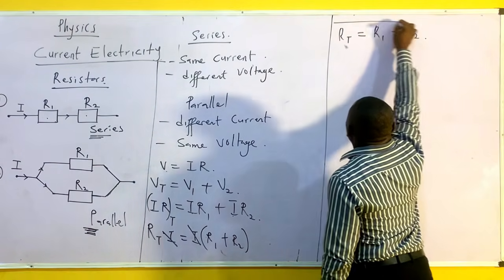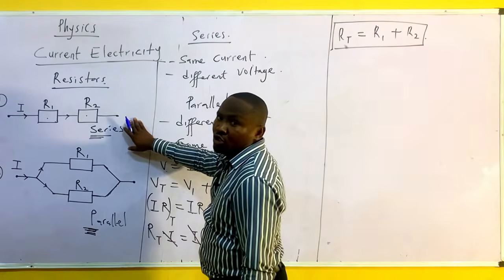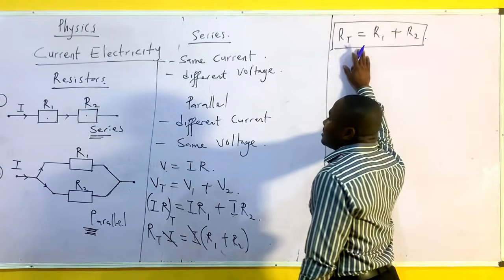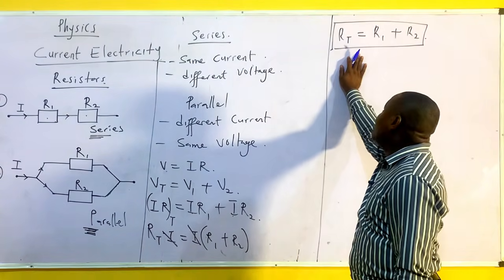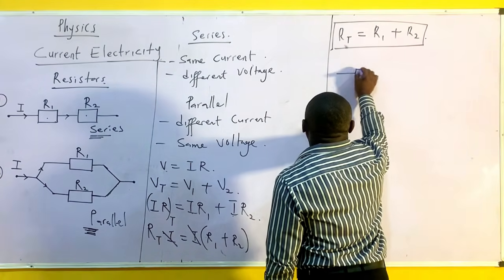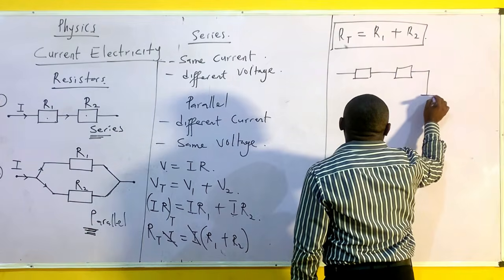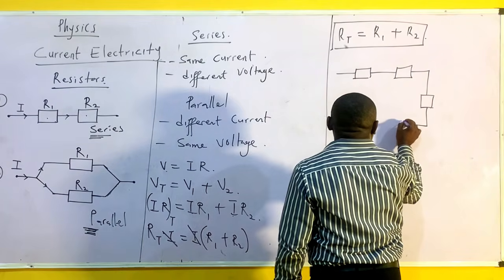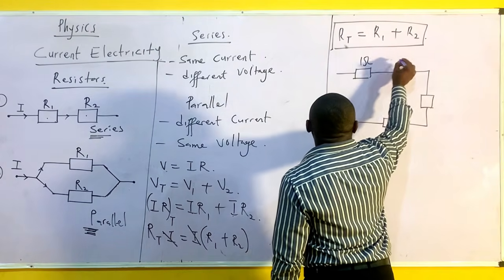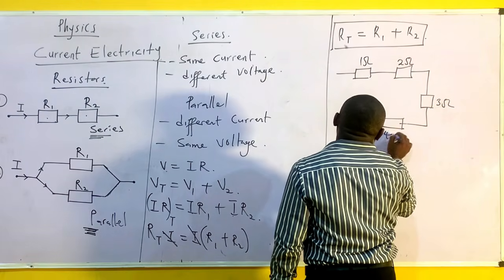So anytime we have resistors connected in series, the effective resistance or the total resistance is calculated by R1 plus R2. So for instance, I have a circuit like this with resistors connected like this, and this is 1 ohm, this is 2 ohms, this is 3 ohms, and this is 4 ohms.